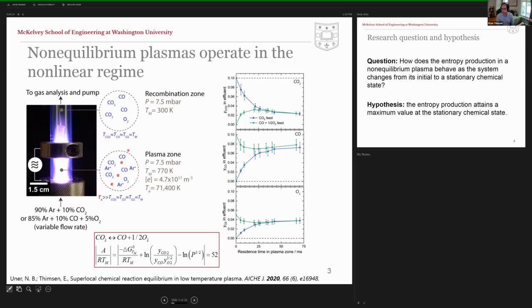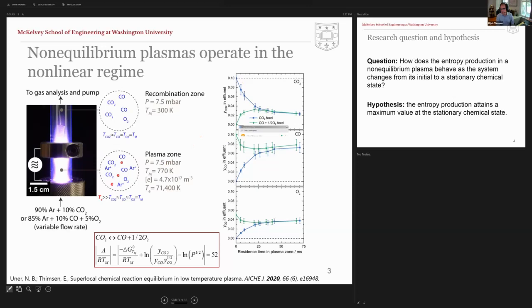And furthermore, it operates in the nonlinear regime. And that's demonstrated by these experiments where we fed gas mixtures with different initial compositions, but the same volumetric density of argon, carbon, and oxygen, initially starting with CO2, which is the equilibrium state at this temperature and pressure, and alternatively starting with carbon monoxide and oxygen.